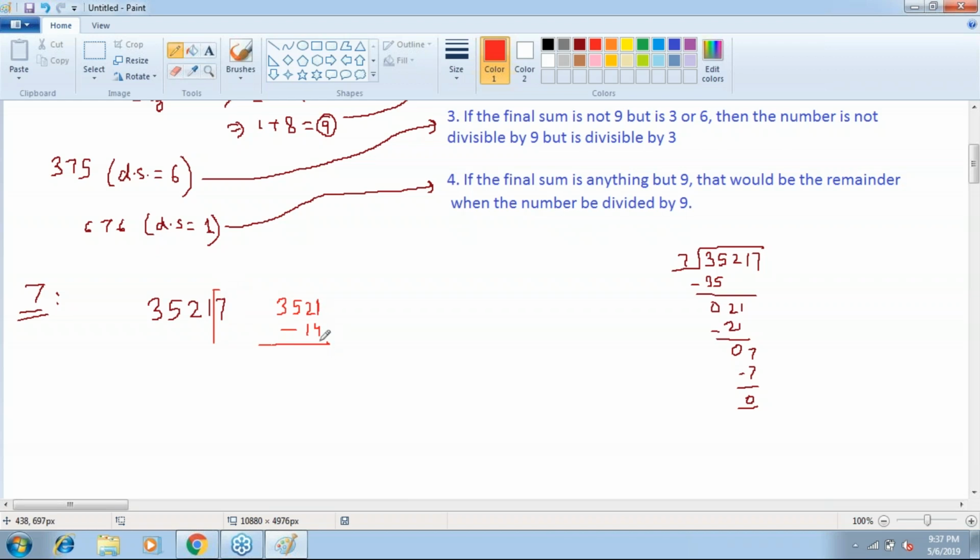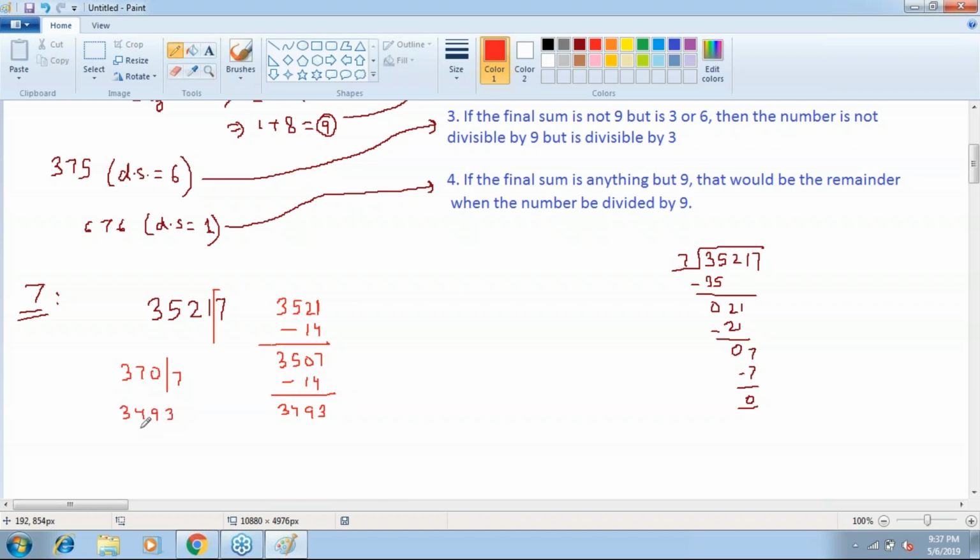So I detached 7, doubled it, and now I am subtracting it from the remaining number. I get 3507. Okay, do the same. Now detach 7 and subtract the double from 350. So I am now subtracting 14 from 3507.